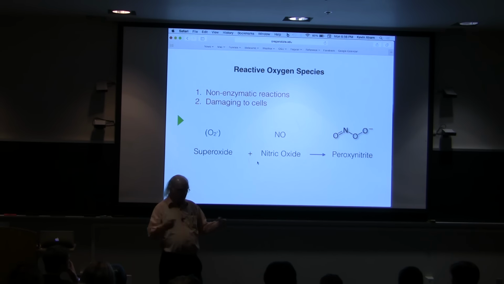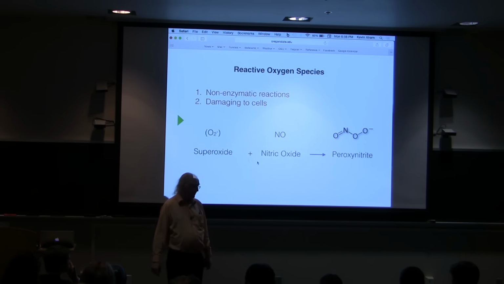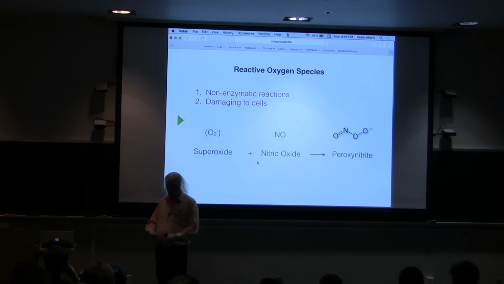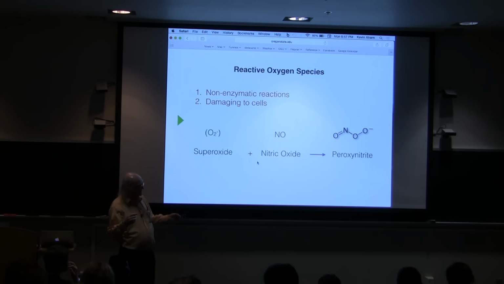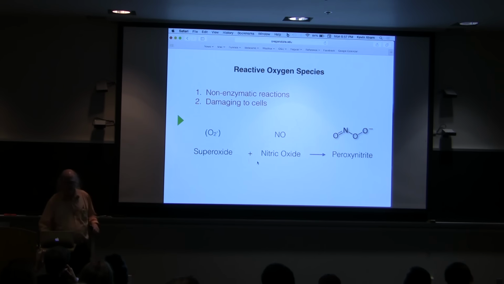I pointed out how nitrating tyrosine could have some very undesired effects by changing the charge on tyrosine and maybe affecting signaling and a variety of things. There's some interesting evidence that this may play a role in the nitration of tyrosines in nerve cells and perhaps play a role in Lou Gehrig's disease.